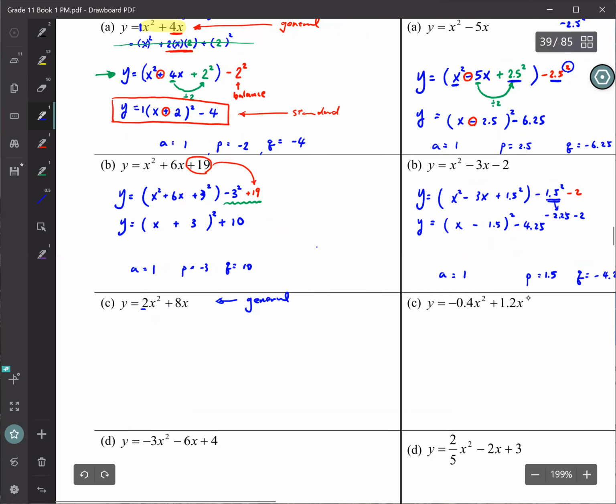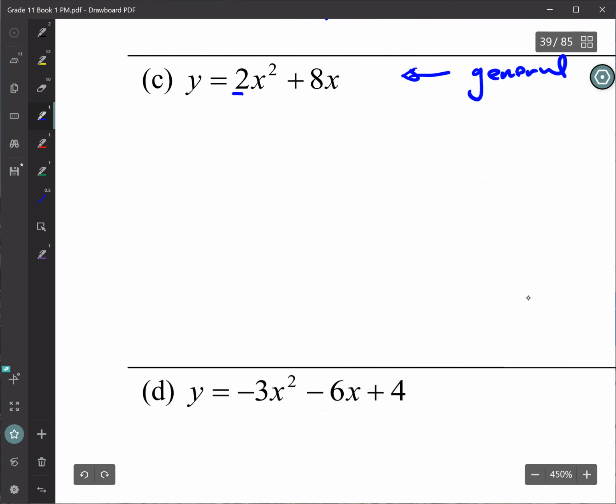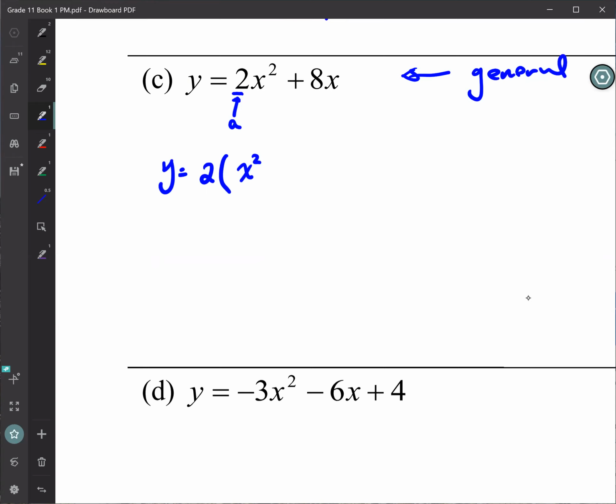So let's take a look how to do factor A. So this is the A, you can write it down. We take the A out, which means you divide each one of them by 2. So 2 divided by 2 is no longer there, so it'll be x squared. 8 divided by 2 gives you a 4, so plus 4x.